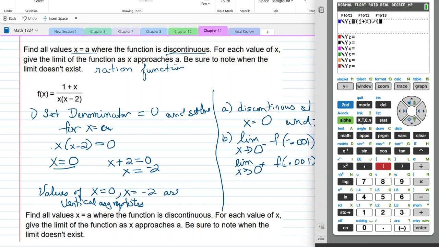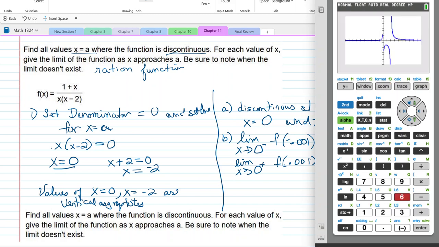So we're going to have x, parenthesis again, x minus 2, close parenthesis for that rational, and close parenthesis for the denominator. And we're going to do zoom 6. All right. And you can see we have exactly what we thought we had.